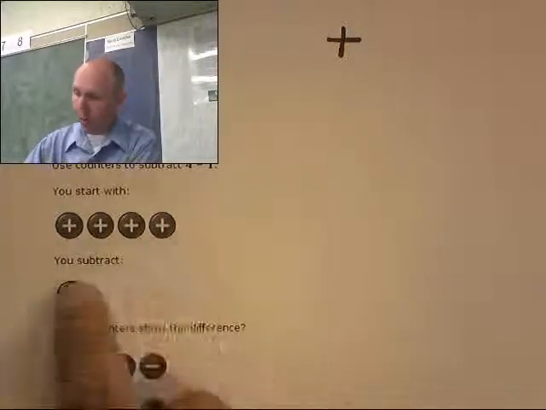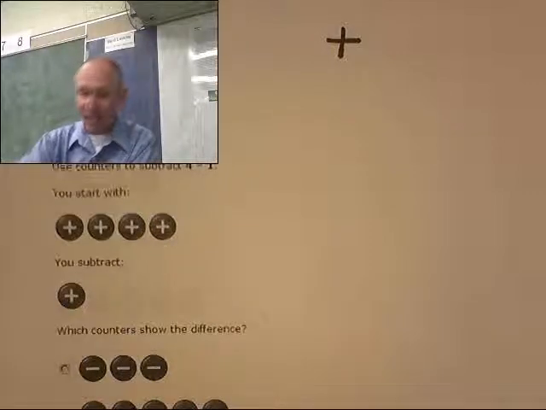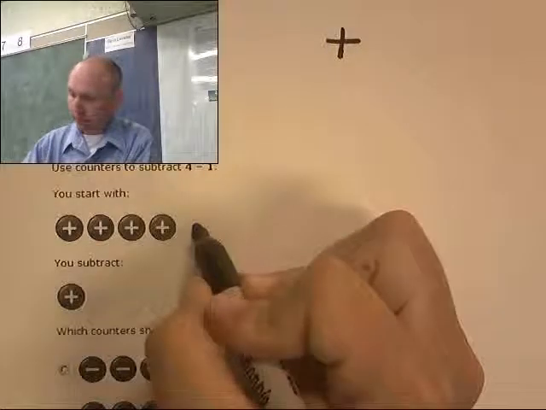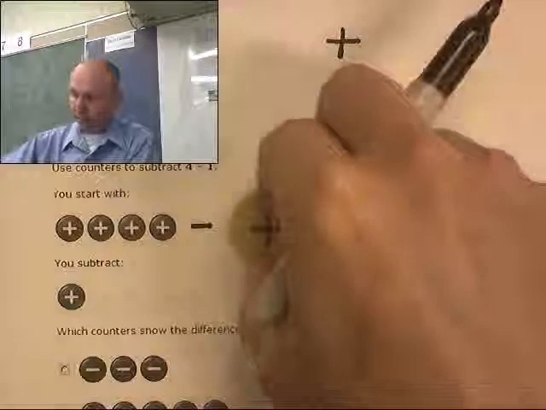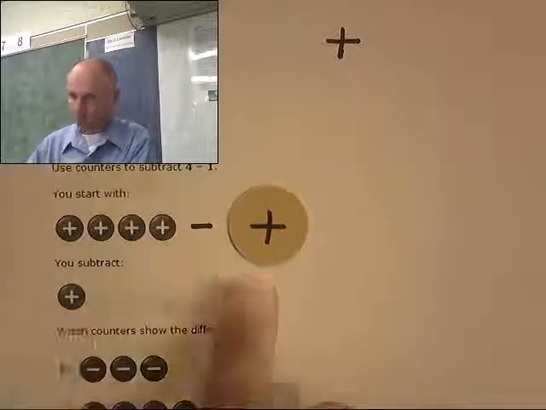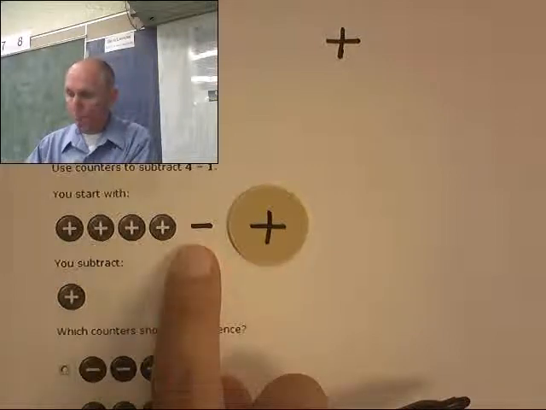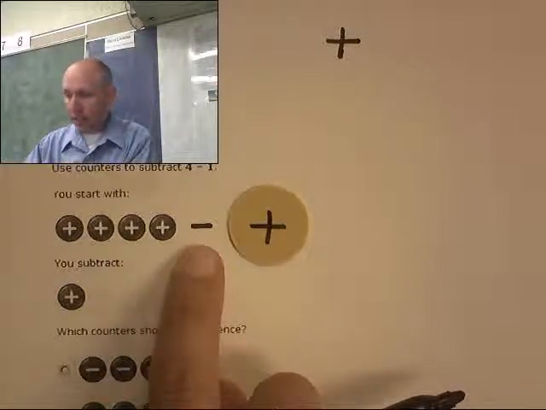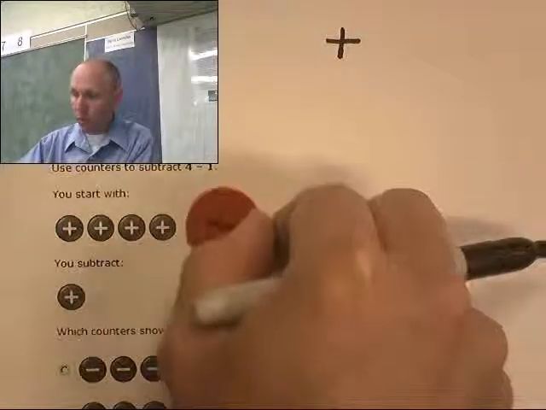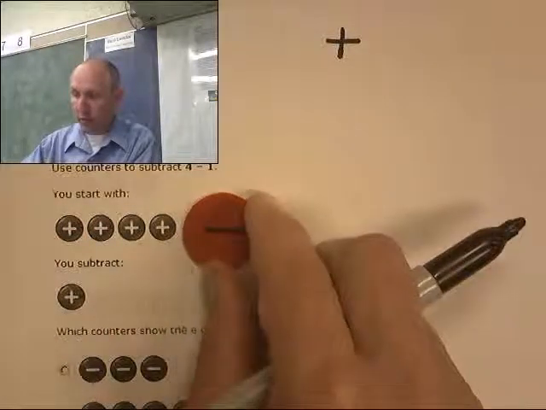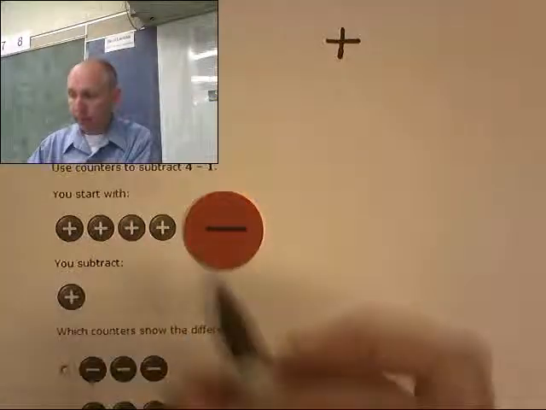So I have 1, 2, 3, 4 subtracting a positive. See? Okay. Well, what does the subtraction do to this guy? The subtraction says, hey, you're really the opposite of what you once were. So this is what I have.